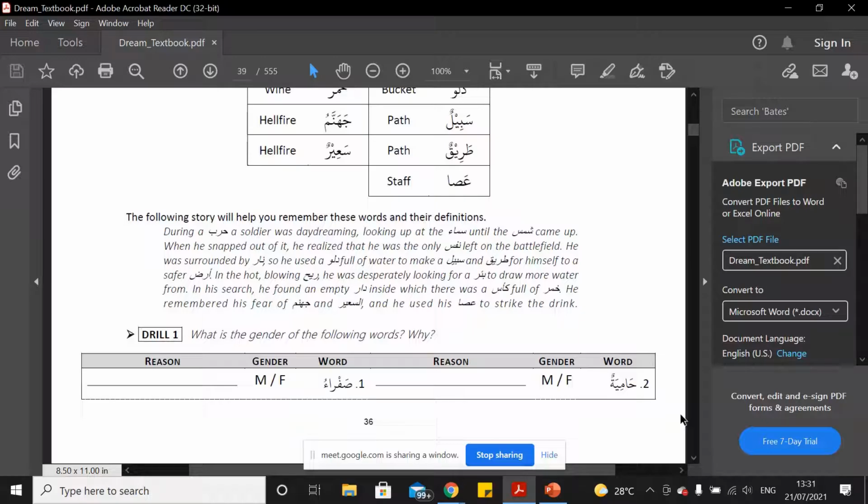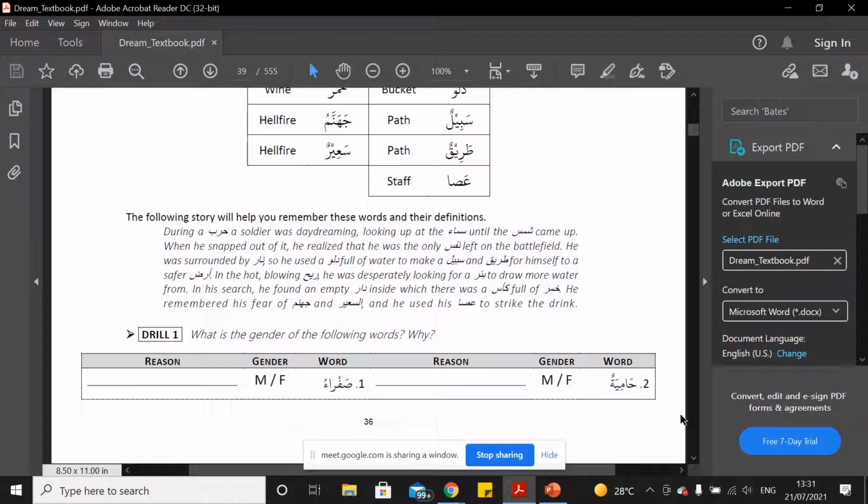The following story will help you remember those words and their definition. During a harb, a soldier was daydreaming, looking up at the sky, sama, until the shams came up. When he snapped out of it, he realized that he was the only nafs left on the battlefield.